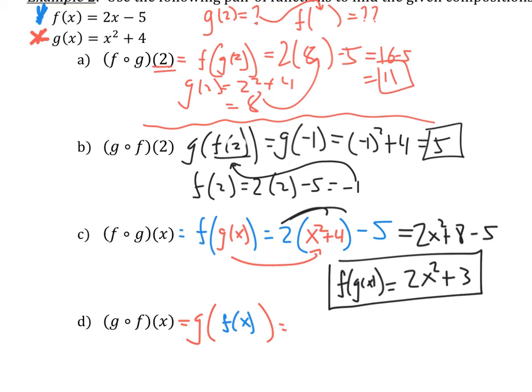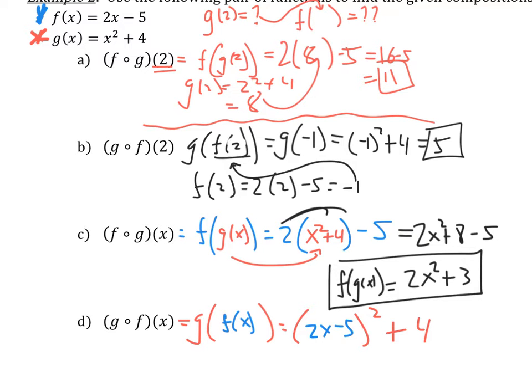G is x squared plus 4. So it's x squared, but I'm going to write that just as blank squared plus 4. What goes in that blank? Well, we want to put f of x in that blank. And f of x is 2x minus 5.